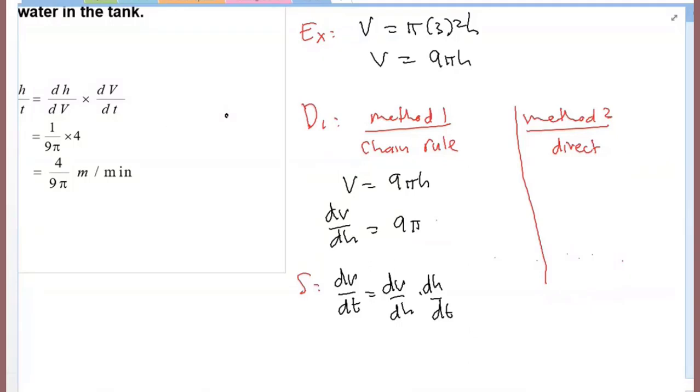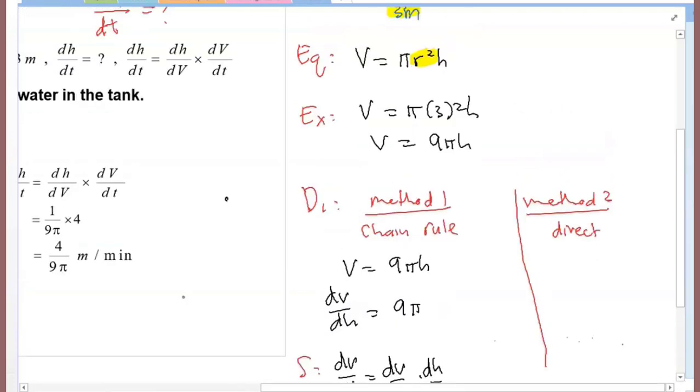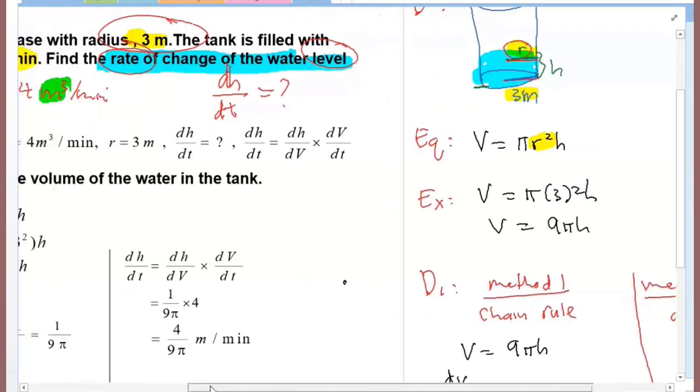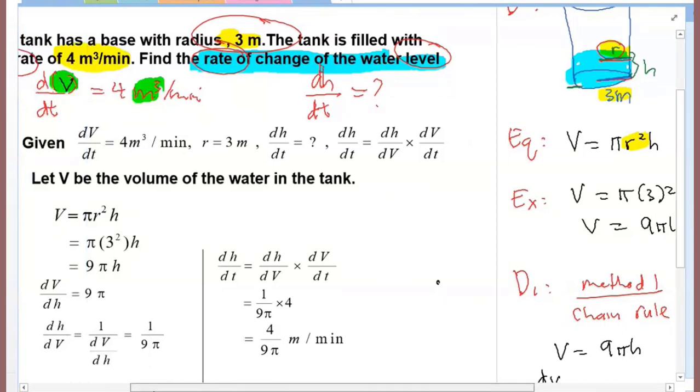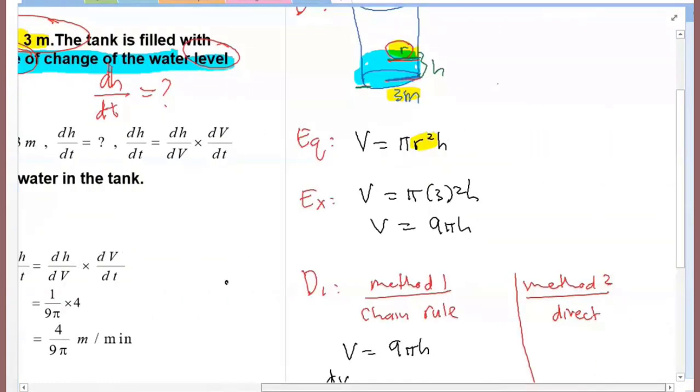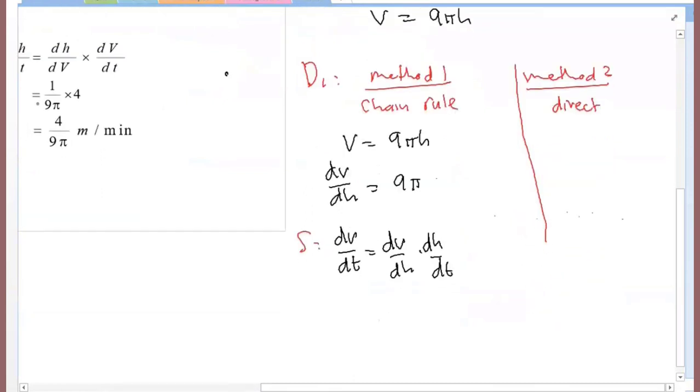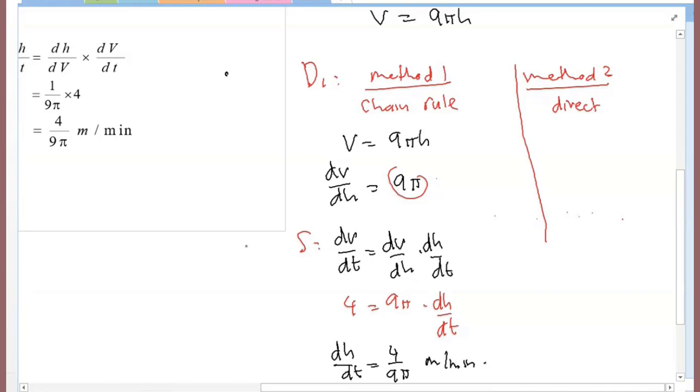Then substitute the given info. dV/dt is equal to 4 meter, dV/dH is 9 pi, and to find dH/dt, dH/dt is equal to 4 over 9 pi meter per minute. So that is the answer.